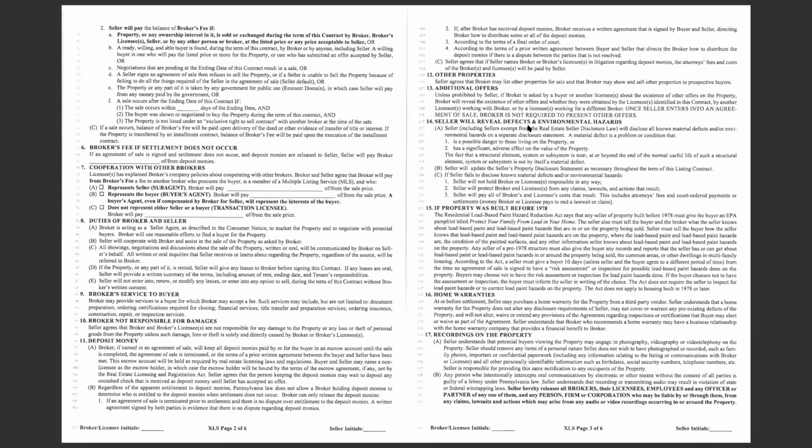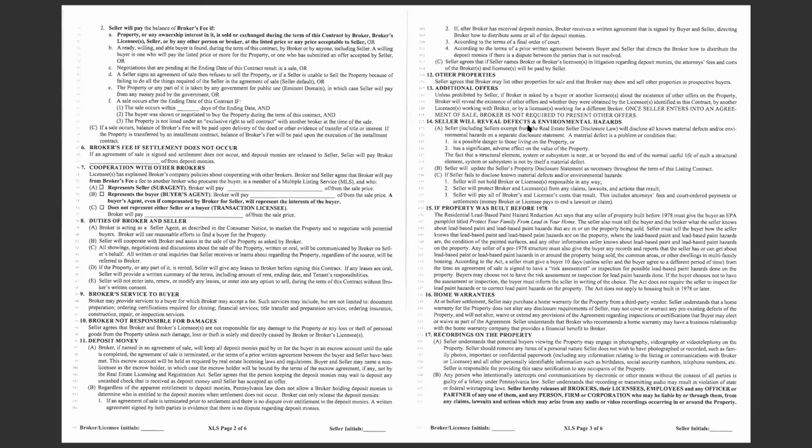All showings, negotiations, and discussions about the sale of the property, written or oral, will be communicated by broker on seller's behalf. All written or oral inquiries that seller receives or learns about regarding the property, regardless of the source, will be referred to the broker.